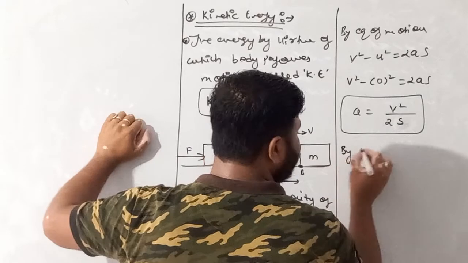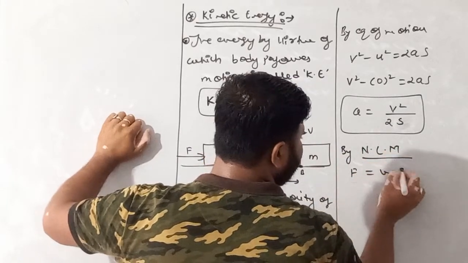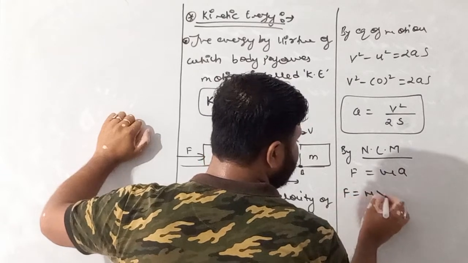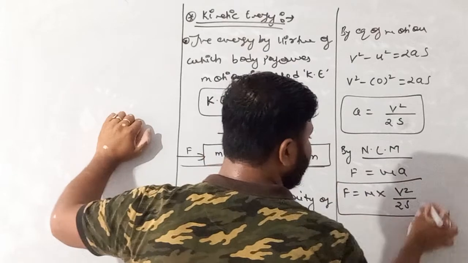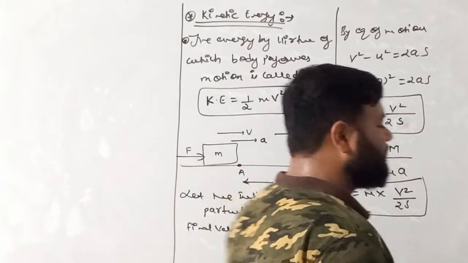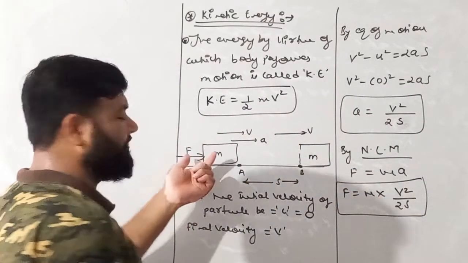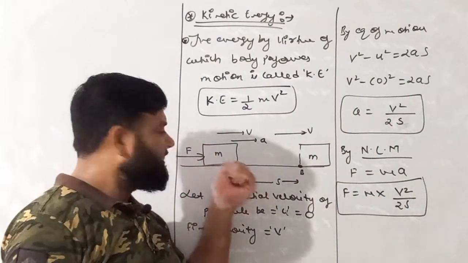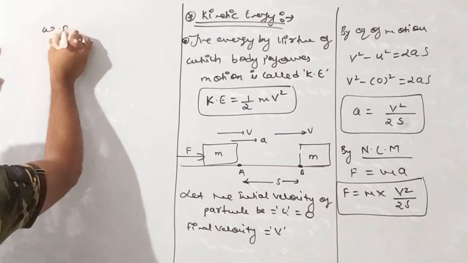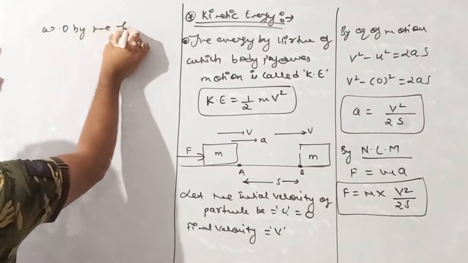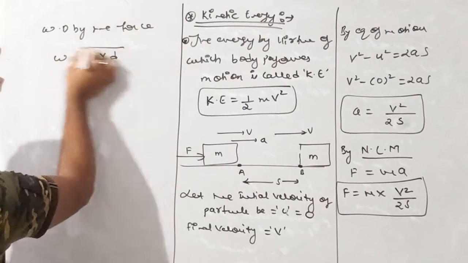Now by Newton's laws of motion, F is equals to ma. So instead of a, we write v square by 2s: F equals m into v square by 2s. Now this is the force, and since force and displacement are there, work done by the force is force into displacement.